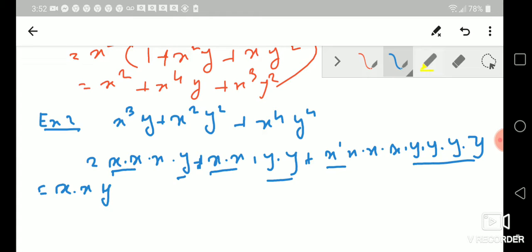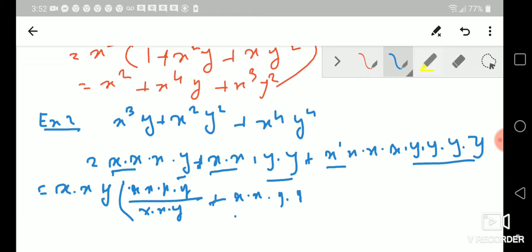Now, like previously, we'll just divide. So x dot x dot x dot y, divided by x dot x dot y. And the second one will be x dot x dot y divided by x dot y.